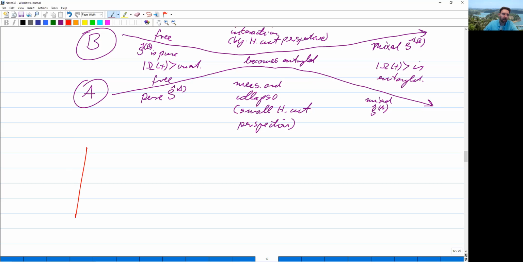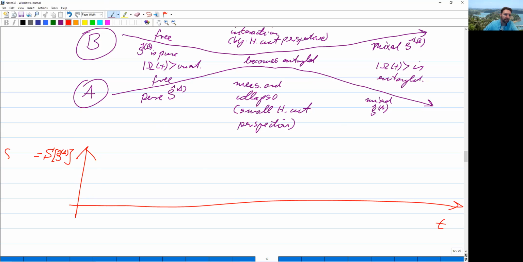But schematically, if this is the time axis, we can plot here, for example, the entanglement entropy of system rho A. Remember, it is the same as the entanglement entropy or the von Neumann entropy of system B. Initially, we start with the systems unentangled, so there's no entanglement entropy. The two subsystems are pure, so we start with zero entanglement entropy.